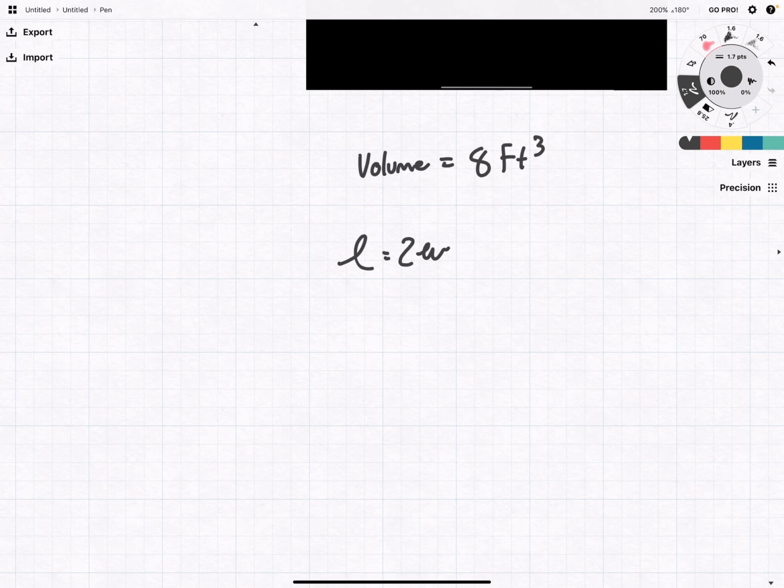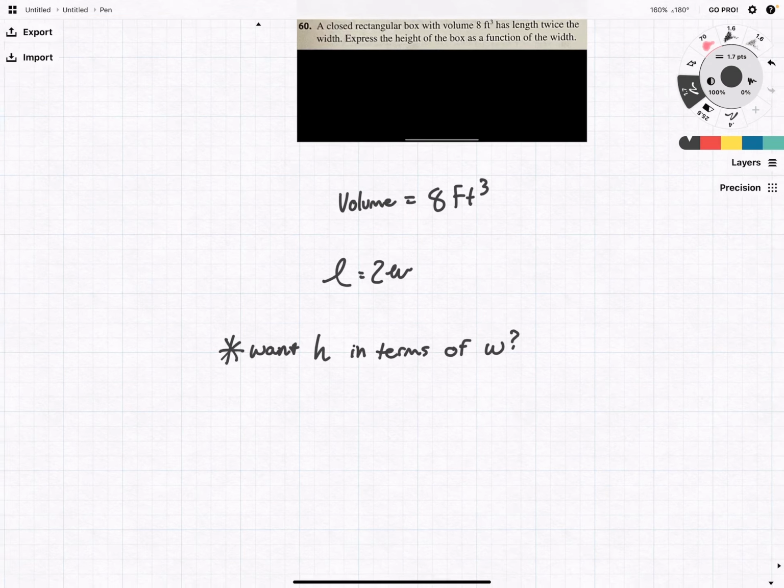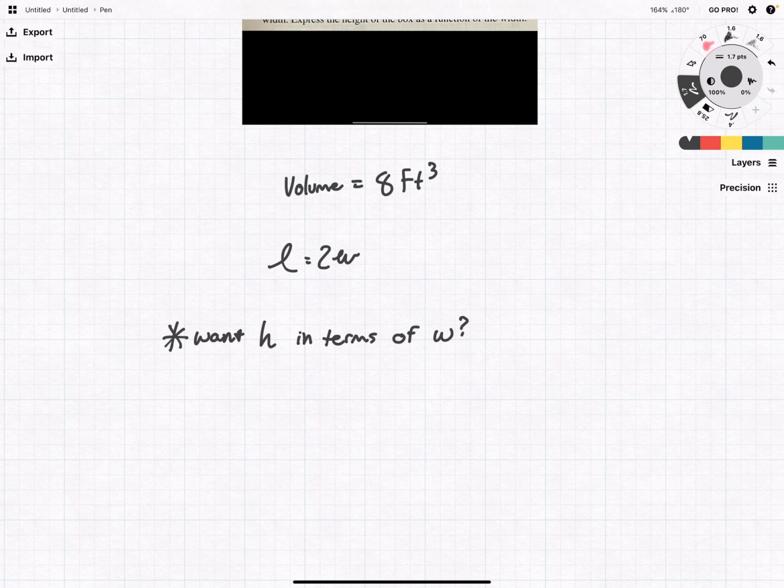And, okay, well, what do they want? They want to know height H in terms of W. So one thing that we can safely assume is that we're going to use the volume for something.